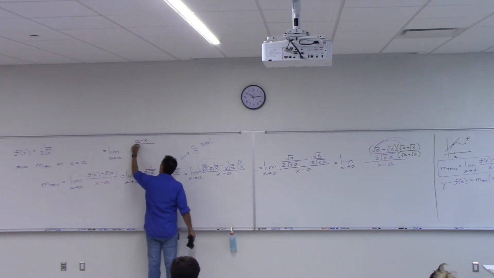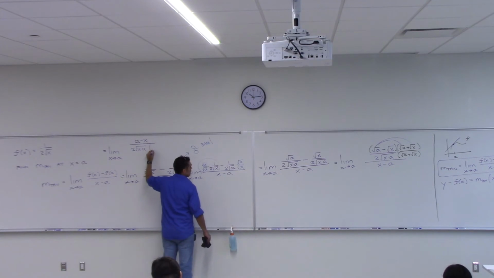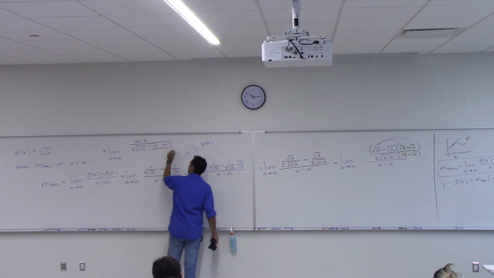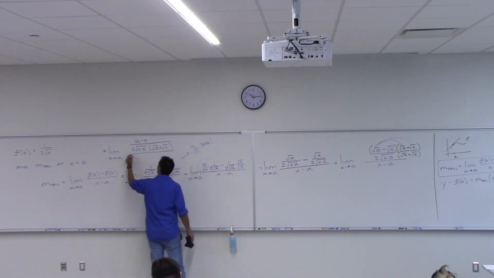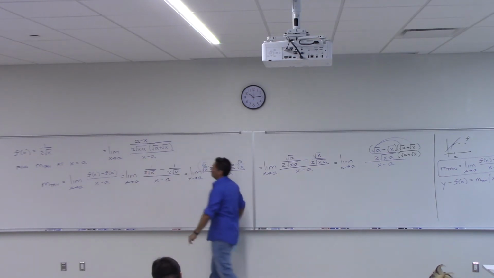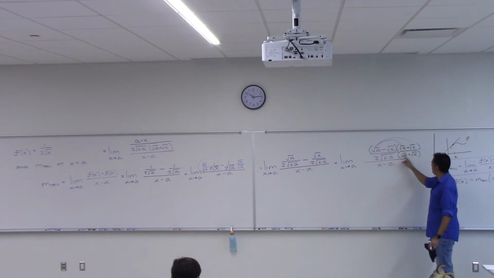Okay, below that, I have the common denominator, 2 root x times a. And then I have the conjugate down there with it, but I am not going to multiply that conjugate through. I'm just going to leave it. And then all of that is still over x minus a. Any questions there? These went together, and then I did this times this. I left this alone, and then it's all over x minus a still.